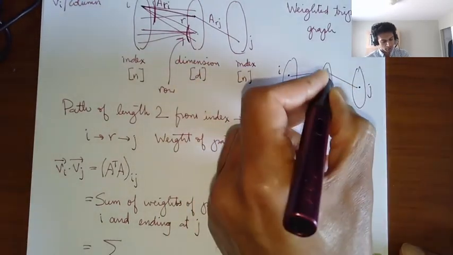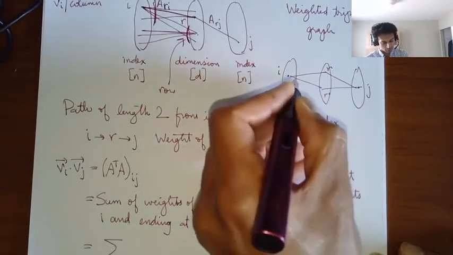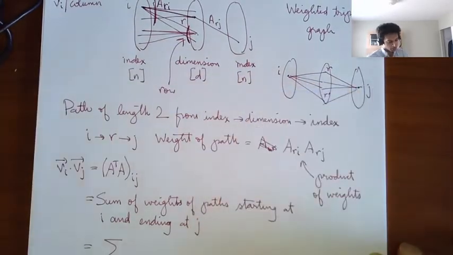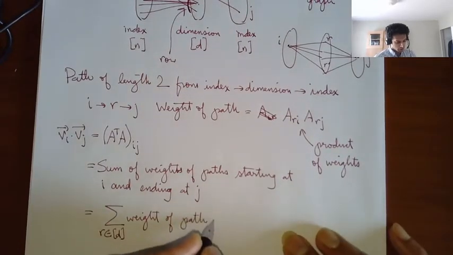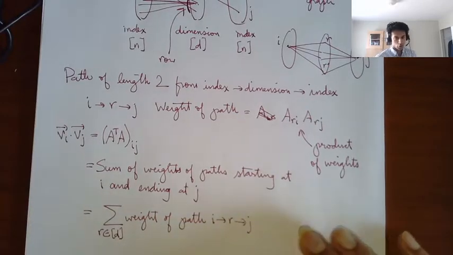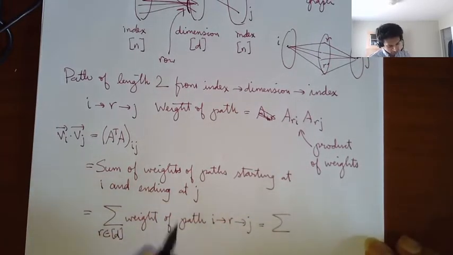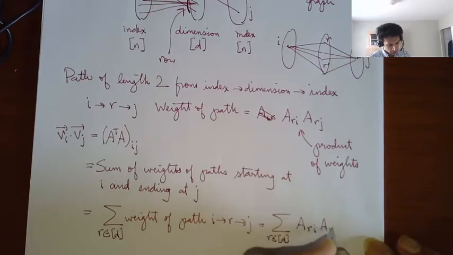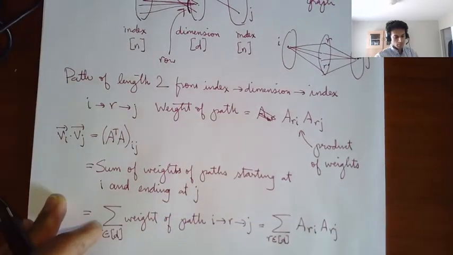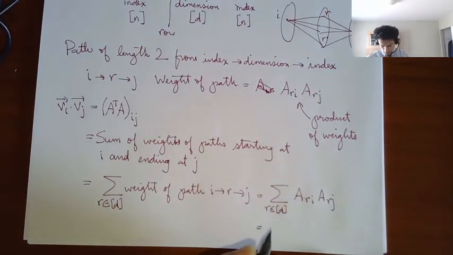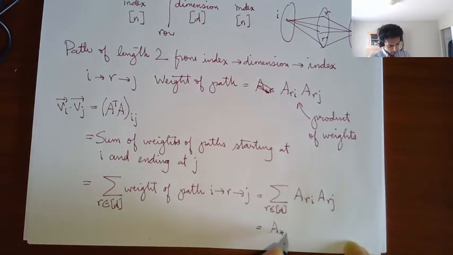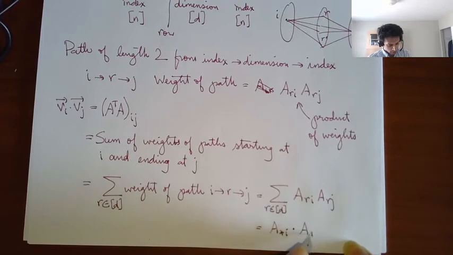Every path goes through some R. That's what all the paths look like that go from I to J. So you're summing over all R of the weight of the path, I going to R going to J. With this, as we discussed, we know that the weight is ARI, ARJ, which is precisely the dot product of these vectors, which, again, I'm going to write A star I dot A star j.